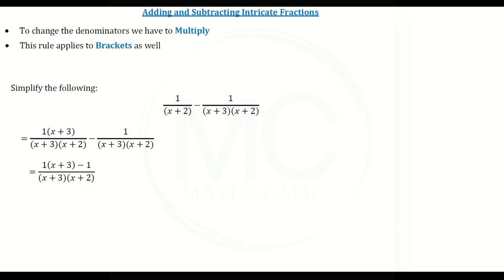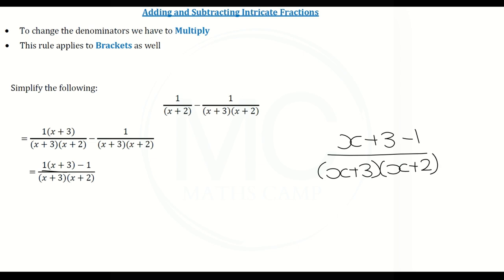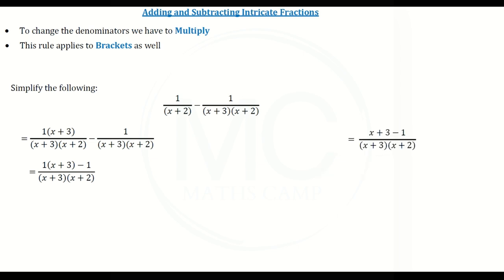The next step is to expand this bracket over here, and I'm going to do it on this side of the page. 1 multiplied by x gives us x. 1 multiplied by 3 gives us 3. Then we have minus 1 all over x plus 3, x plus 2. Now, in the numerator, we have 3 minus 1. So we can simplify the numerator further. And we're going to have x. 3 minus 1 is 2.